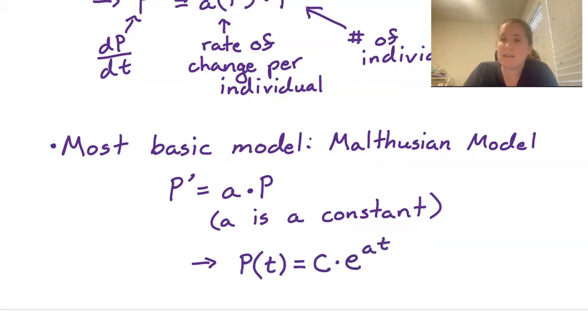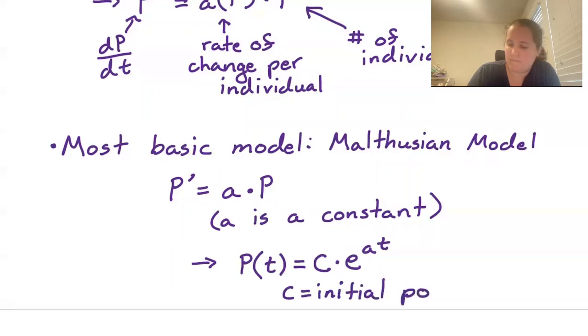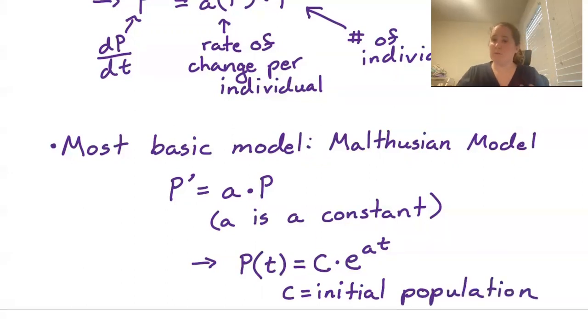And here C is essentially the initial population size. So this is the most basic model. And typically here, A is essentially birth rate minus death rate.